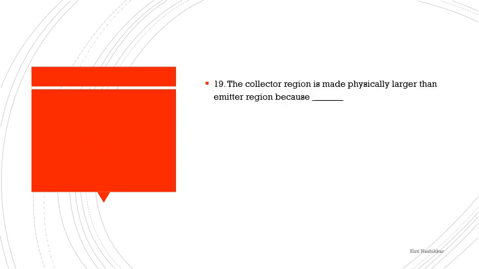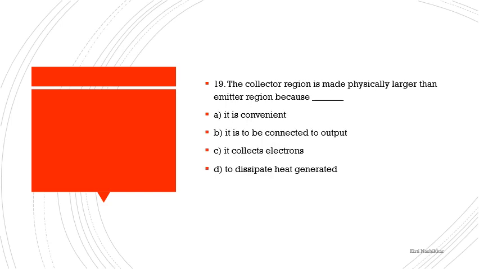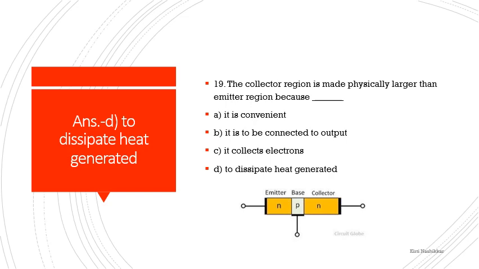The collector region is made physically larger than the emitter region because it is convenient, it is to be connected to the output, it collects electrons, to dissipate heat generated. So the collector region is made physically larger for dissipating the heat generated.